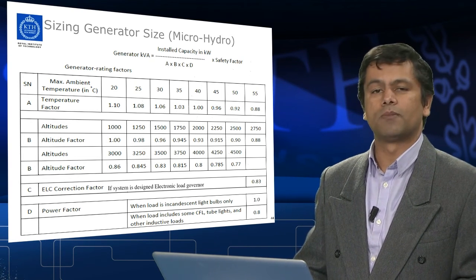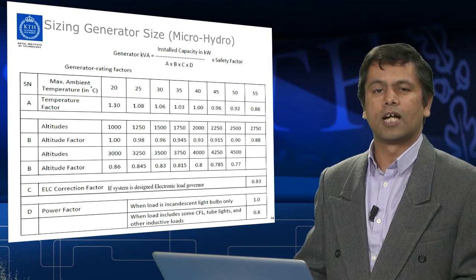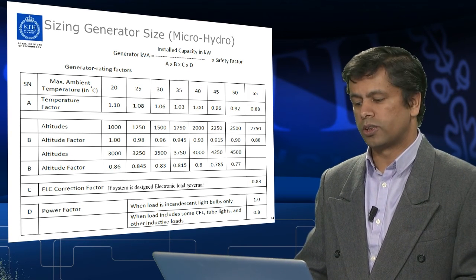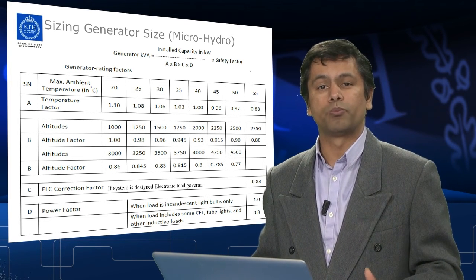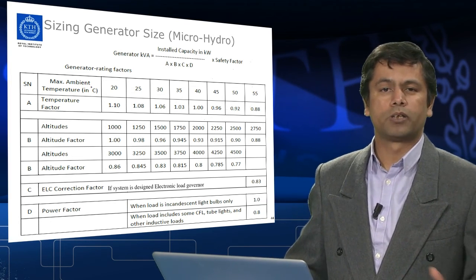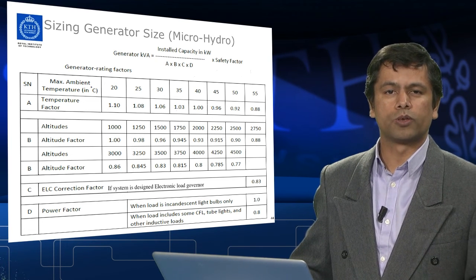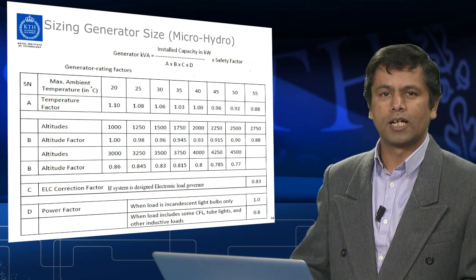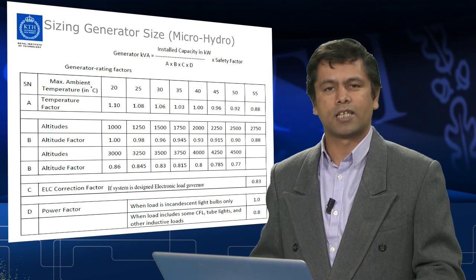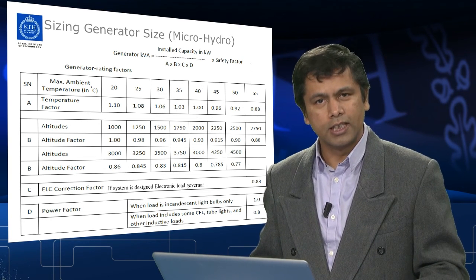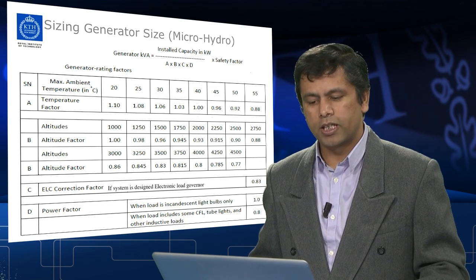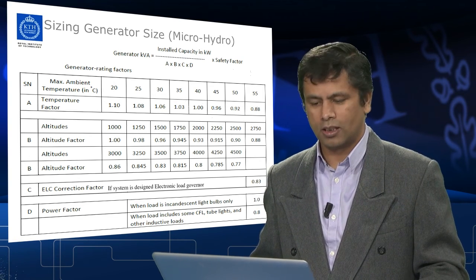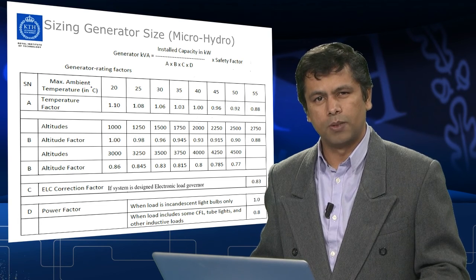Sometimes, if you are using the generator in isolated mode, then you also use a safety factor, and this safety factor is based upon how big a productive end-use motor you are going to use for that particular project. Because of the high starting current needed to run large motors, it is recommended to put some safety factors in the generator's kVA sizing.